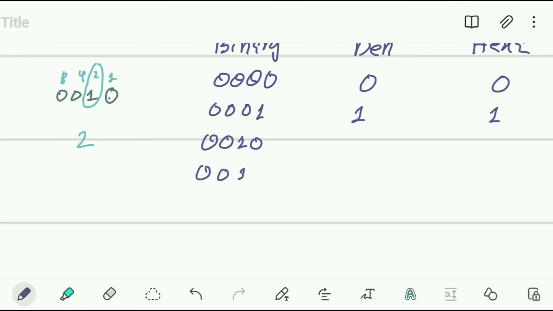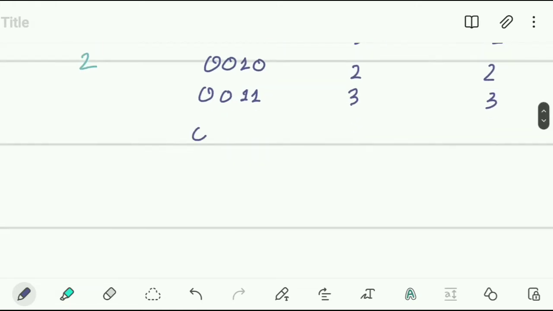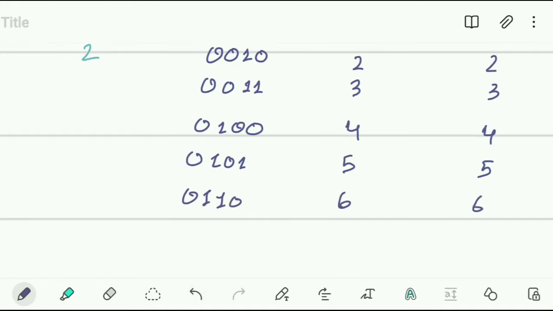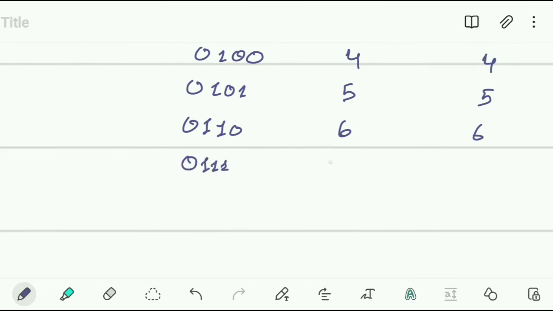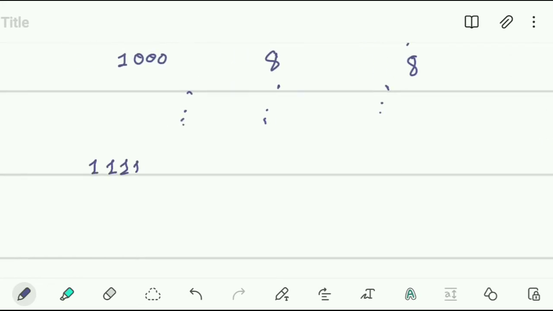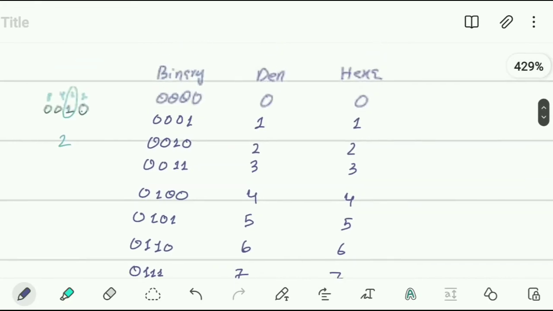Then 0 0 1 1 would be 3, 3, then 4 4, 5 5, 6 6, 7 7, 8 8, and so forth, until it reaches 1 1 1 1, which is 15 in denary and F in hexadecimal.